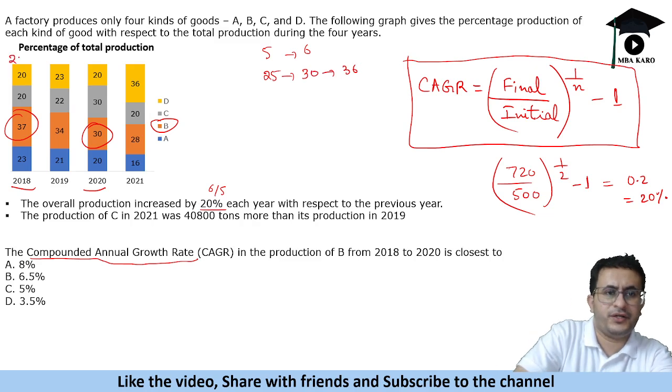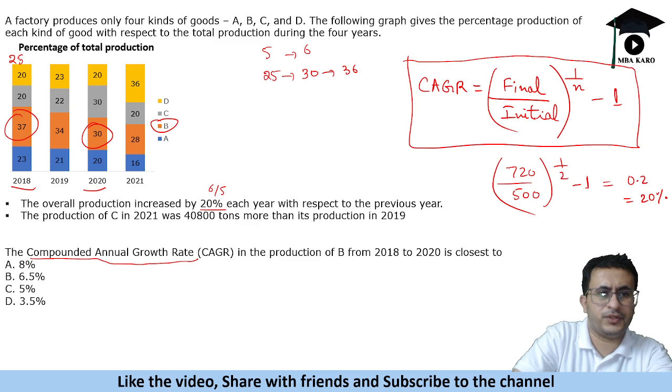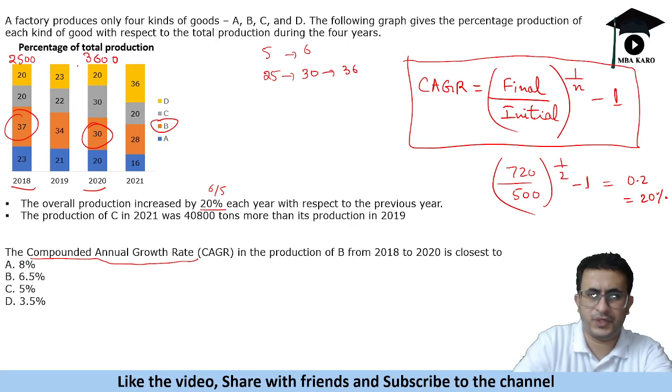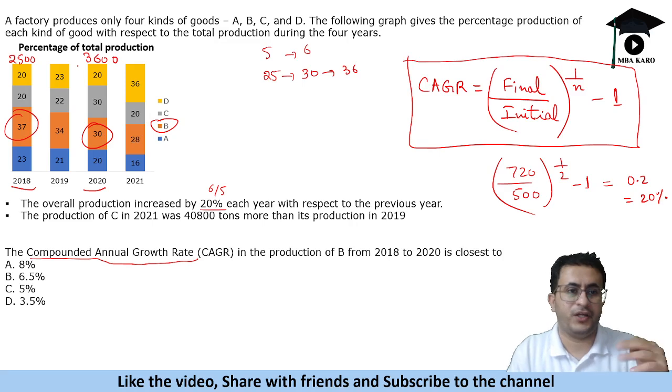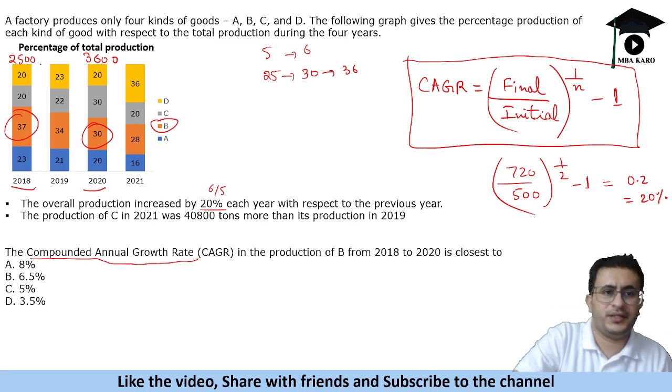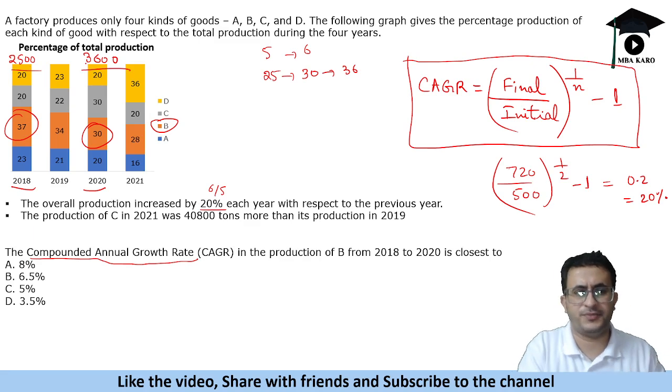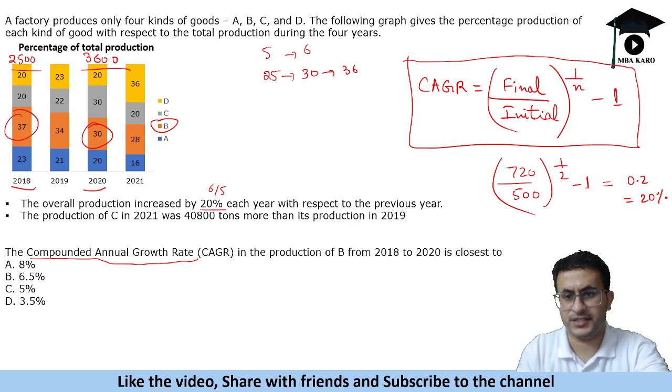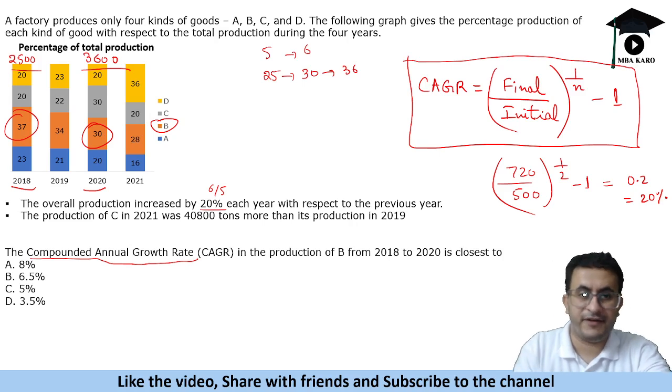So let's take the total production as 2500 and 3600 to ease the calculations, because we have to find the percentage change. For percentage change, we can use a calculation friendly value here.